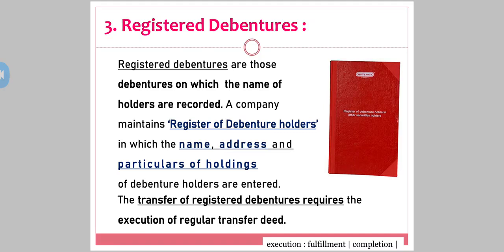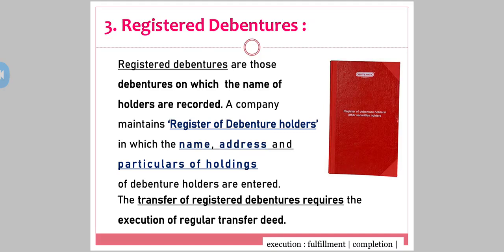See, the transfer of registered debentures requires the execution of a regular transfer deed. Now let's say the company is going to issue registered debentures. At that time, when the company gives you a debenture certificate, on that certificate your name and other important details, that is particulars of holding, would be mentioned. So now when you want to transfer your registered debentures, you have to go through a proper transfer deed.